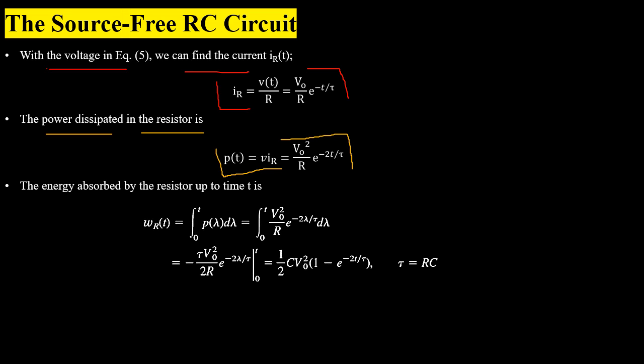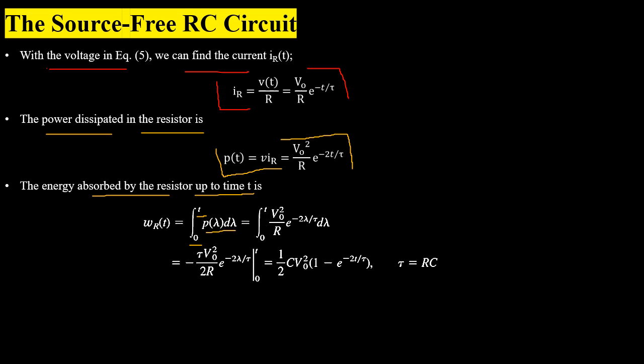Now assume that the DC source was disconnected at time t equal to 0. From time t equal to 0 to the present time t, the energy absorbed by the resistor will be equal to the integral of power from time t equal to 0 to present time t.